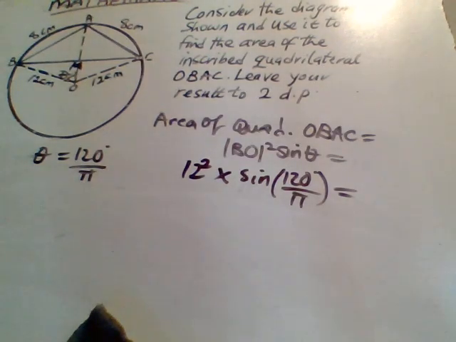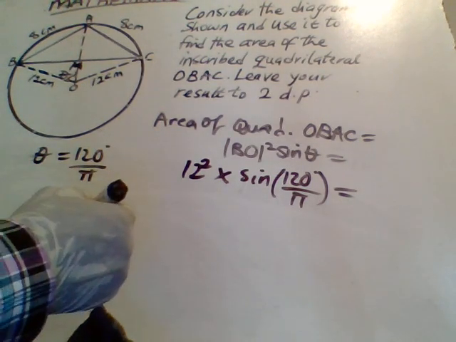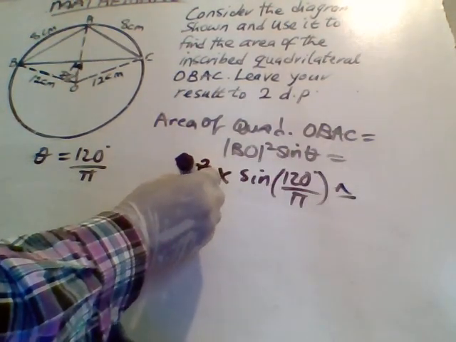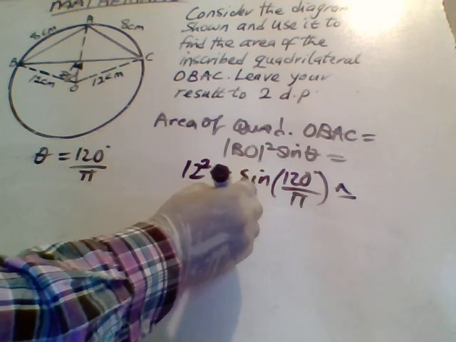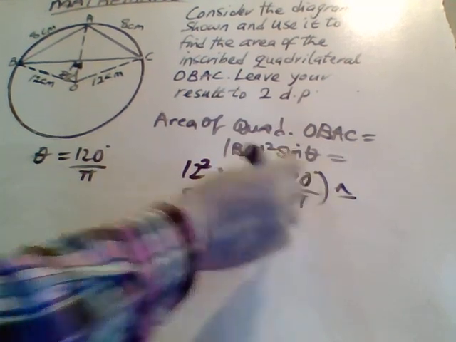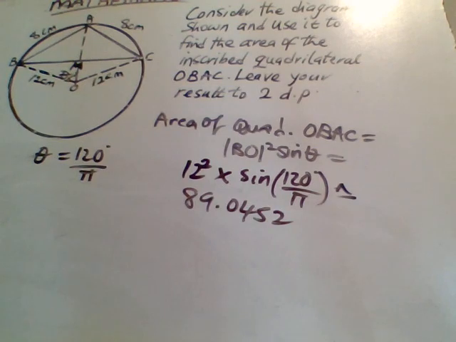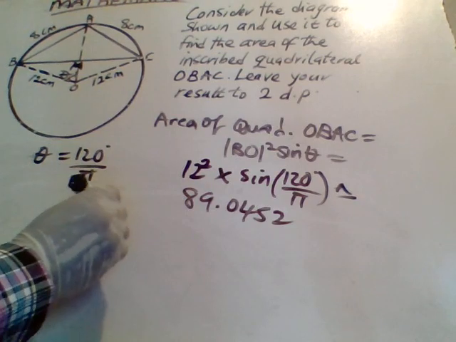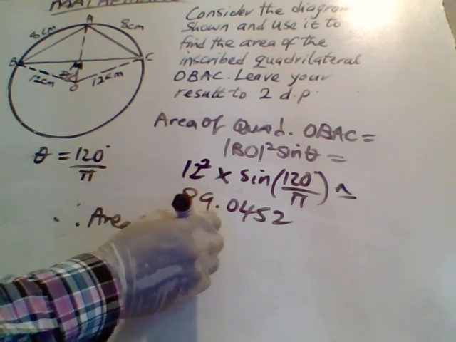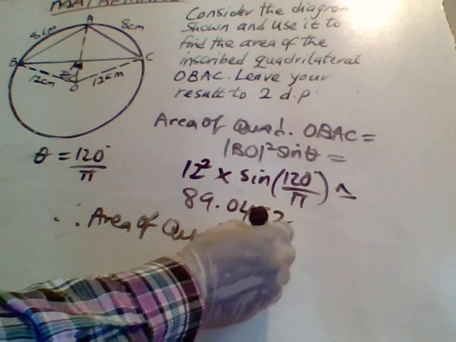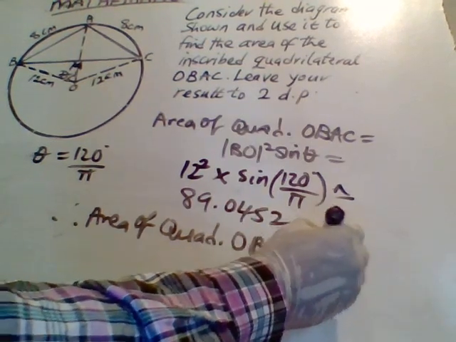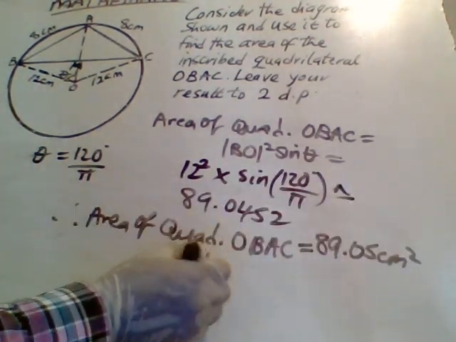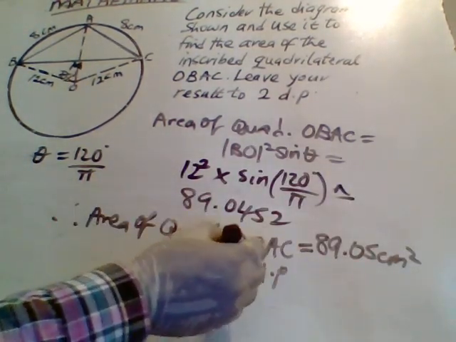Solving it, because this is an approximation, you'll get 89.0452. We are asked to leave the answer to 2 decimal places. Therefore, the area of quadrilateral OBAC is equal to 89.05 cm squared to 2 decimal places.